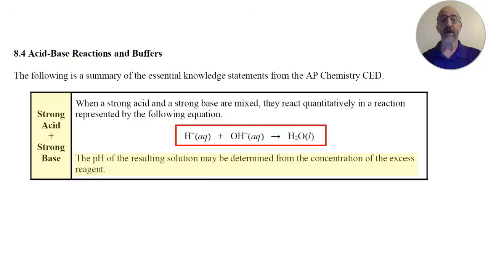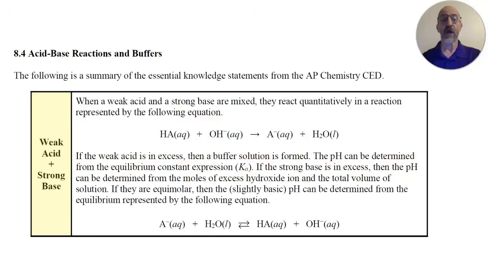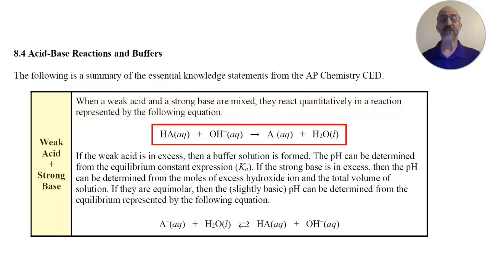Our next category of acid-base reaction is weak acid plus strong base. When a weak acid and a strong base are mixed, they react quantitatively in a reaction represented by the following equation. So now instead of H plus, we write HA. That's to represent the molecular formula of that weak acid.